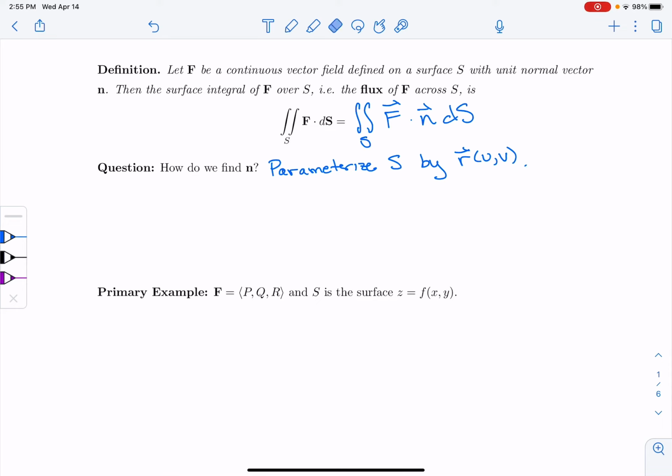Then we know that there is a normal vector, capital N, which is the cross product of the derivative of R with respect to u and the derivative of R with respect to v. Well, if we want a unit normal vector, then n is going to be capital N divided by the magnitude of capital N.